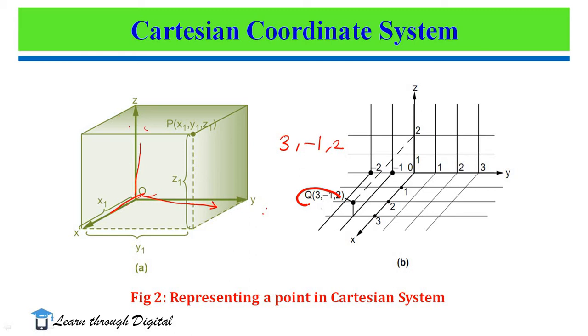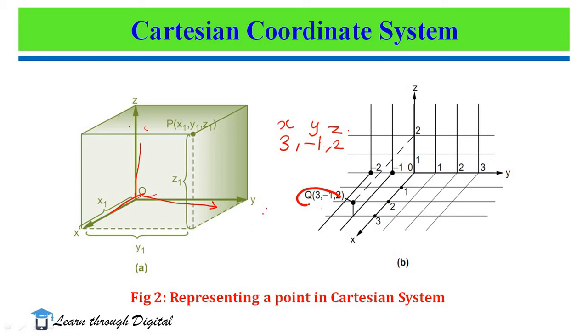That means x is 3, y is -1, z is equal to 2. So we have to move a distance 3 from the origin, and y is in the negative direction, that is -1. Similarly, z is 2.